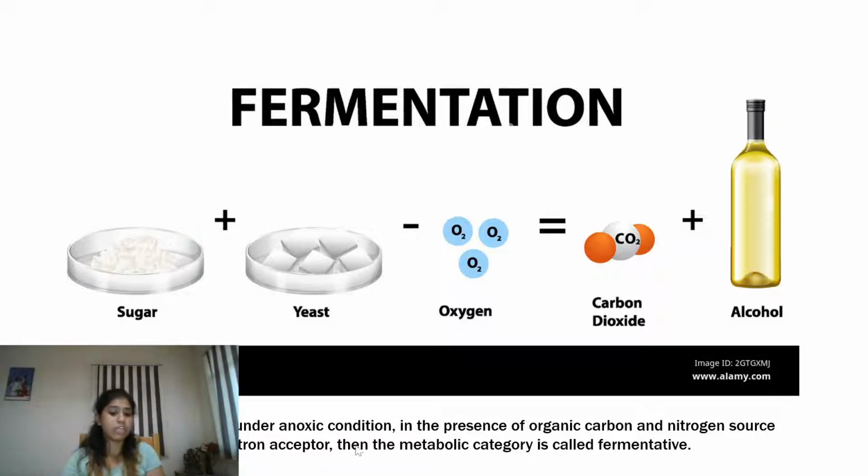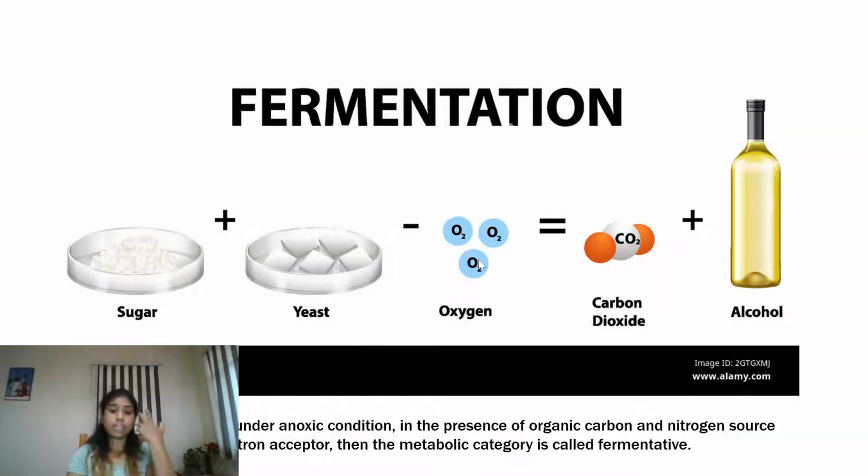If under these anoxic conditions we are able to produce alcohol and carbon dioxide, and to grow that particular microbe, this microbe is called a fermentative microbe, and this process is called fermentation.